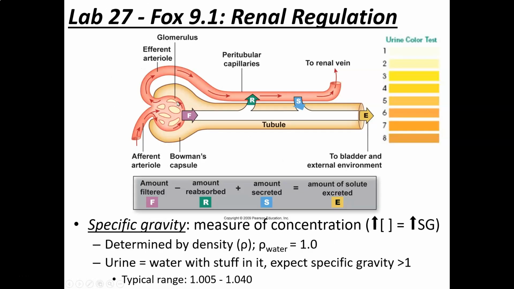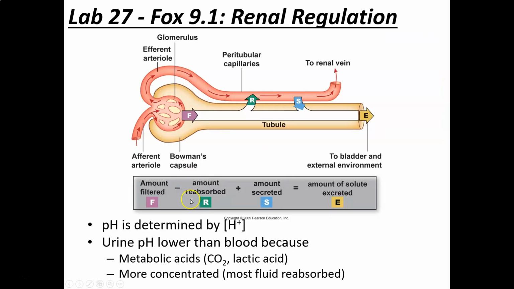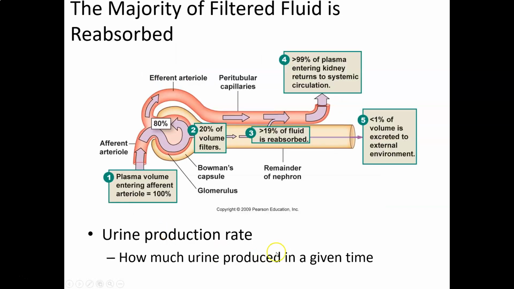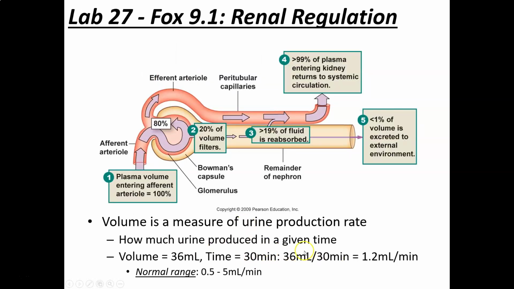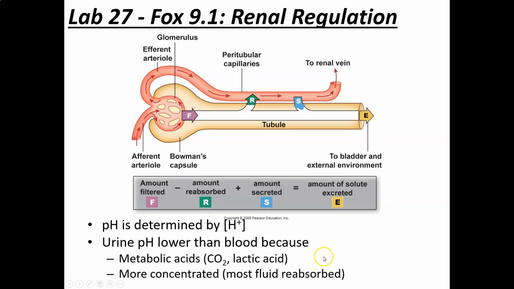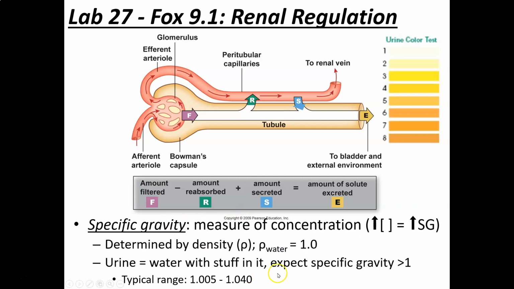But let's go back. So note, in 9.1, we looked at urine pH. Earlier, we looked at the urine production rate. So in 9.1, urine production rate, urine pH, urine specific gravity.